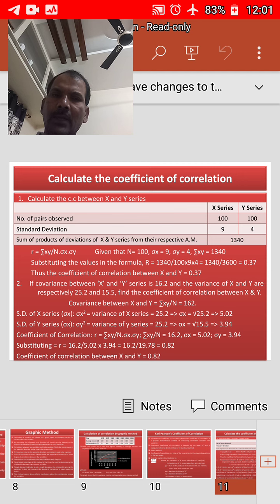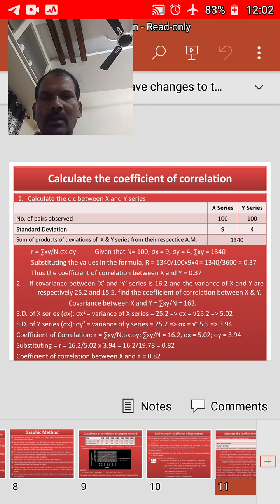The standard deviation of x series is 9, whereas the standard deviation of y series is 4. The sum of the products of deviations of x and y series from their respective arithmetic means is 1340. Based on this data, we need to calculate the coefficient of correlation between x and y.